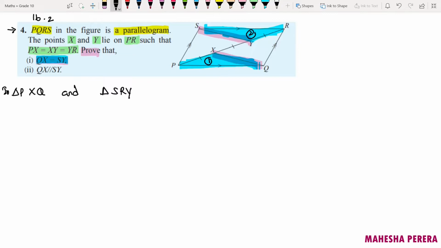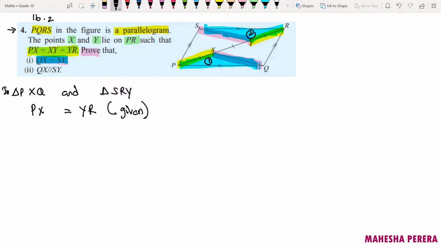So you can easily say PX equals YR. Why? It's the given data here. So you can say PX equals YR, it's given.